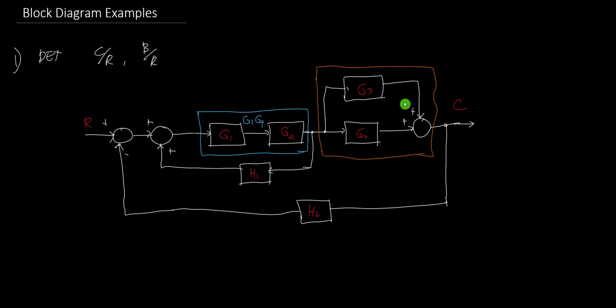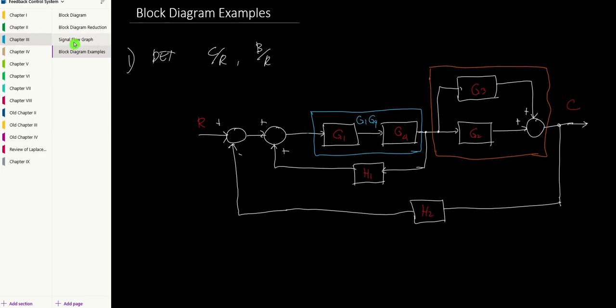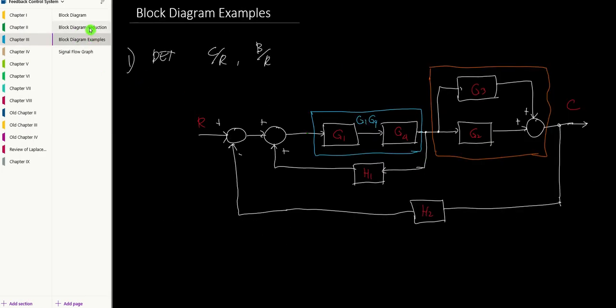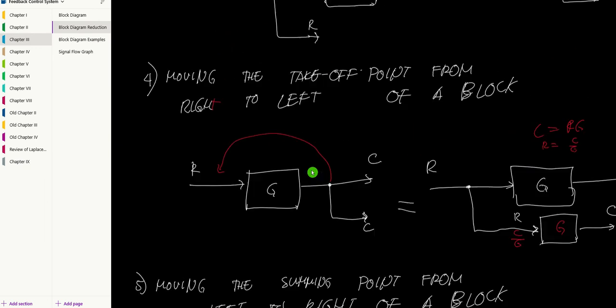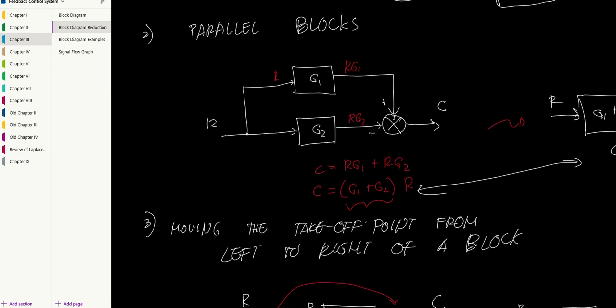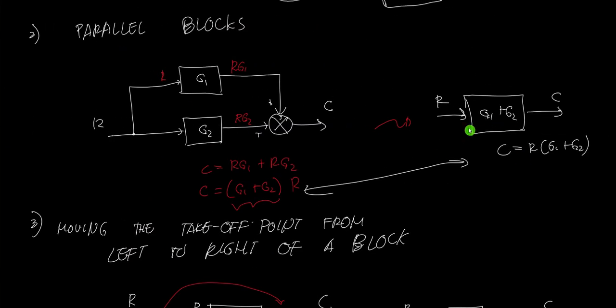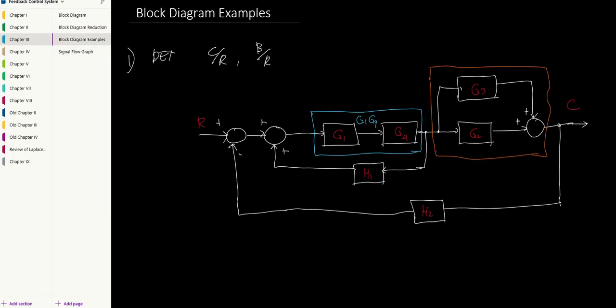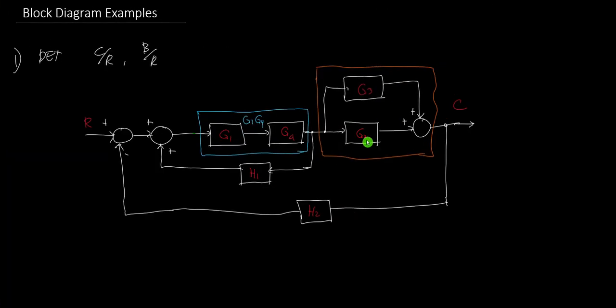We can combine them into just one block, and we already know how to do that. We did that in the last discussion. So how do we deal with parallel blocks? Remember, for parallel blocks, we just add the gains. In our example, the gains are G3 and G2, so this one will be G3 plus G2, or G2 plus G3.